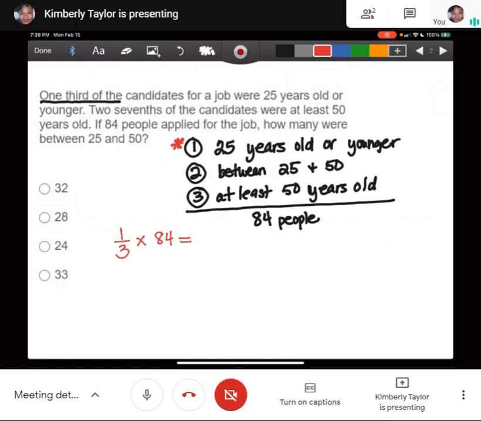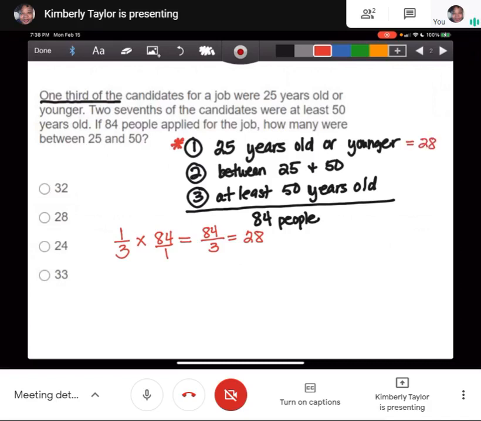So to do this math, I would put a 1 under here and make that 84 a fraction and say 1 times 84, you get 84. 3 times 1, you get 3. Do your division and you get 28. So this is a makeup of 28 people.